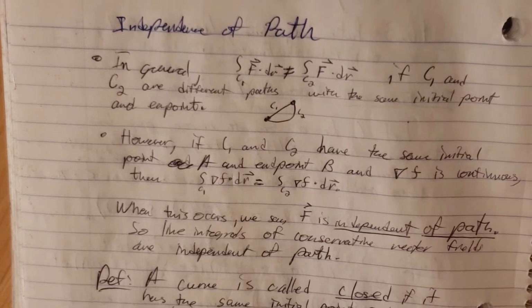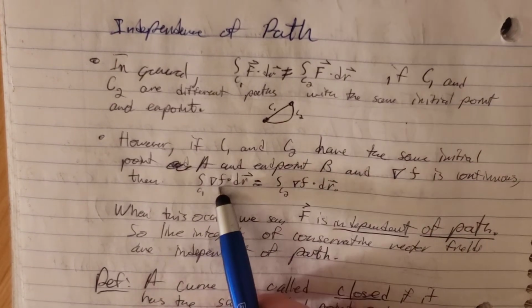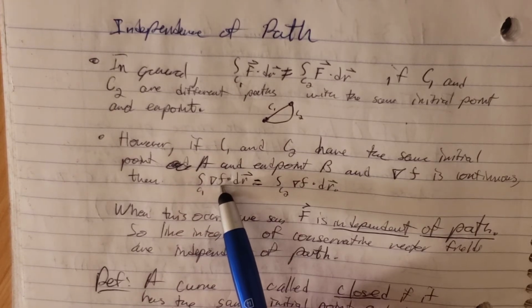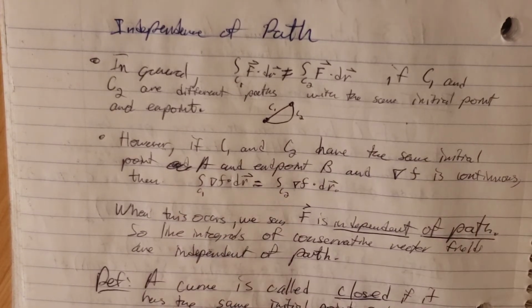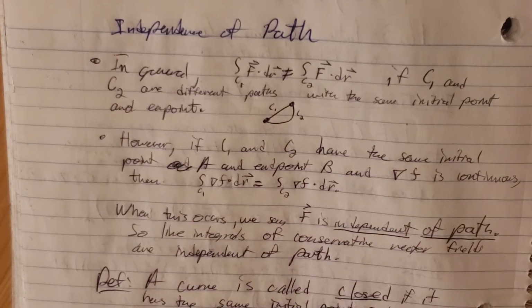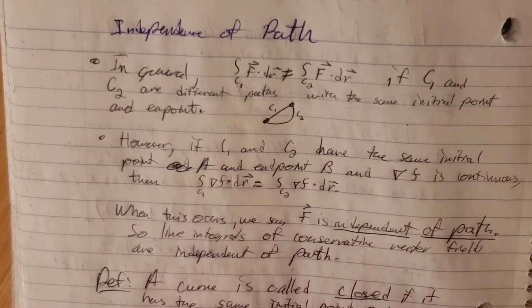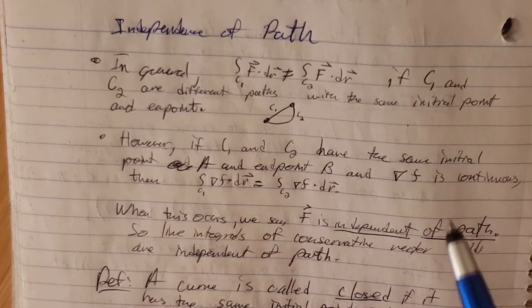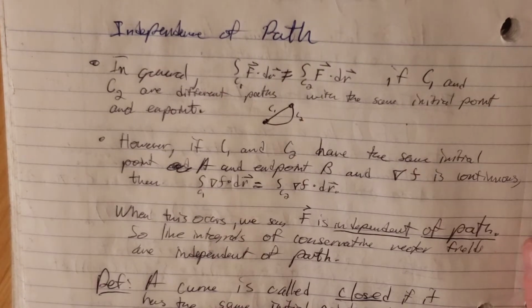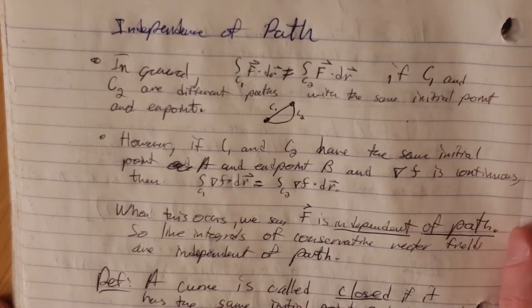Those conditions were that our vector field F was the gradient of some scalar function f. And when that happens, the integral only depends on the initial point and the end point of our curve C. And again, we saw an example of all of that in the previous video.